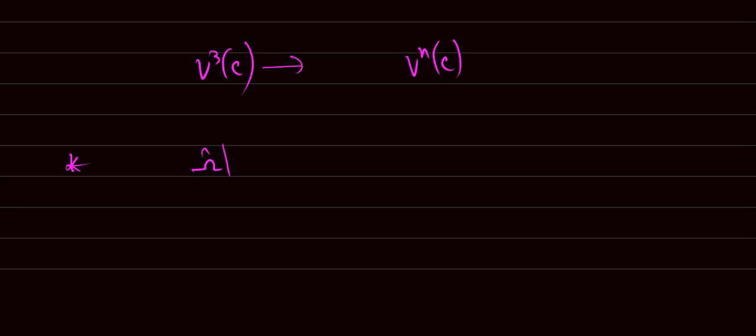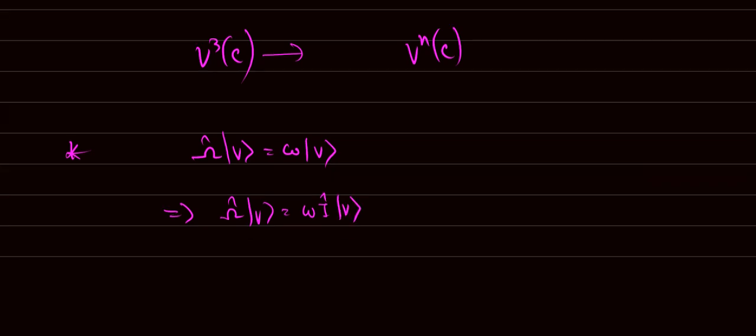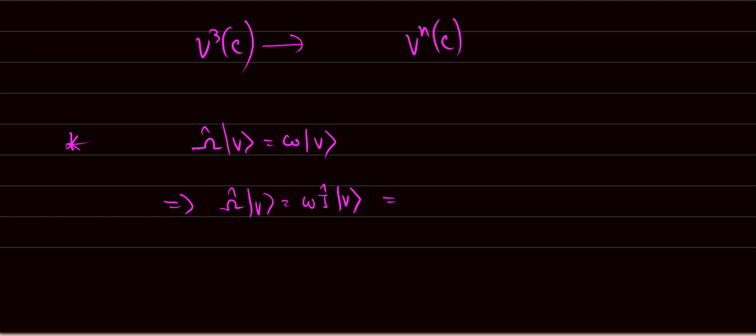So this is the eigenvector equation. If we multiply by the identity operator, it changes nothing, so we can write it like this.